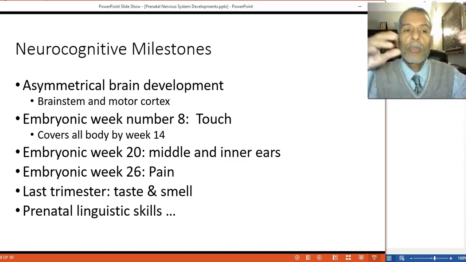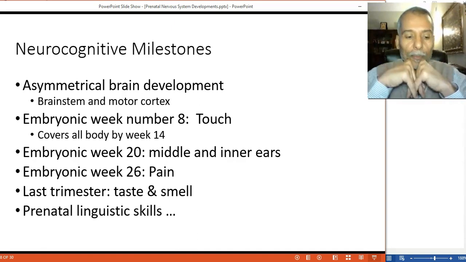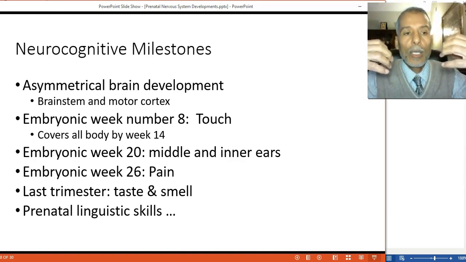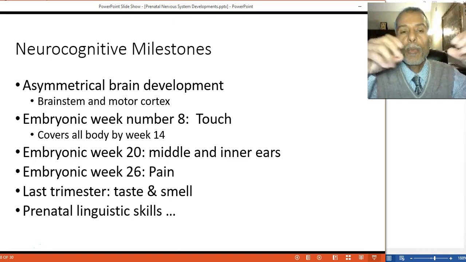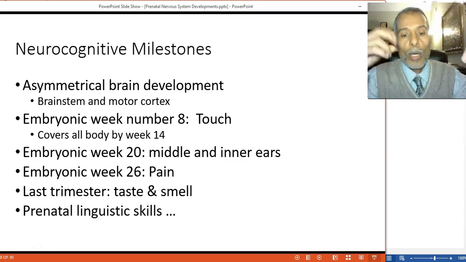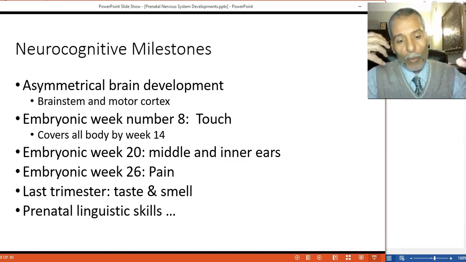Brain development follows an asymmetric pattern. Again, you need to think about, say you would like to build a house. What do you need to build first? So that asymmetry is driven by the functions that you need that new body that is forming to perform. You want that brain to perform these functions.